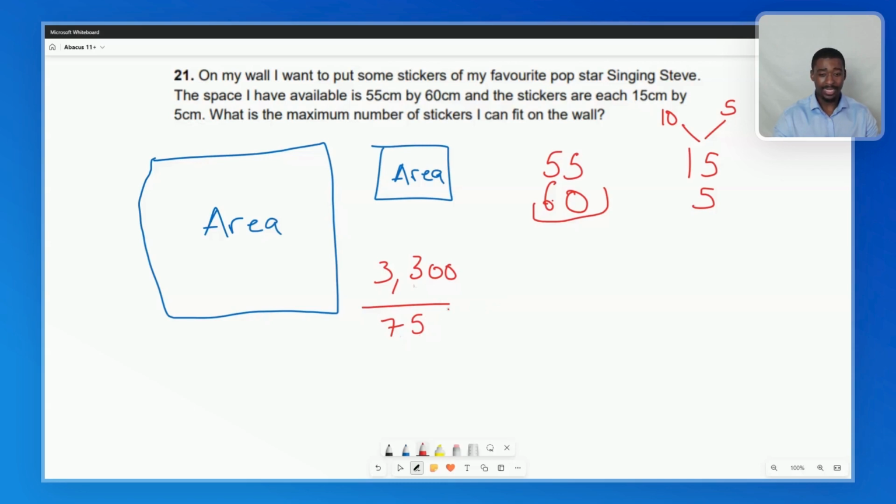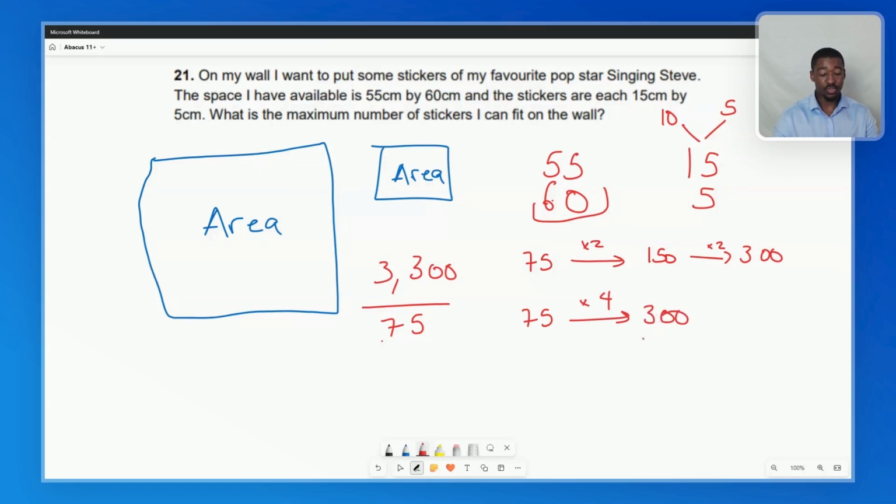Okay. And instead of wasting time going the long way around and doing long division, we could simply recognize that 75 is half of 150, right? 75 times 2 is 150, and times that by 2 again is 300. So effectively, 75 times 4 is 300.